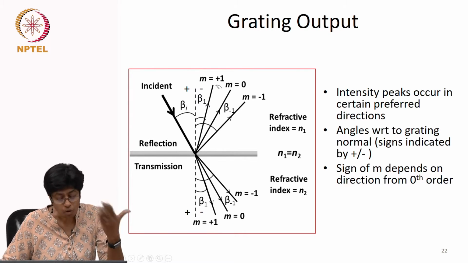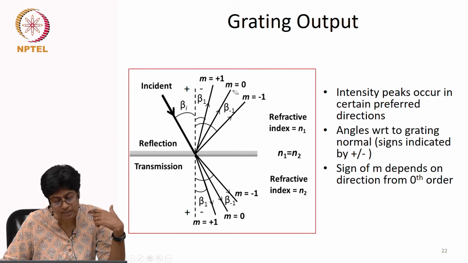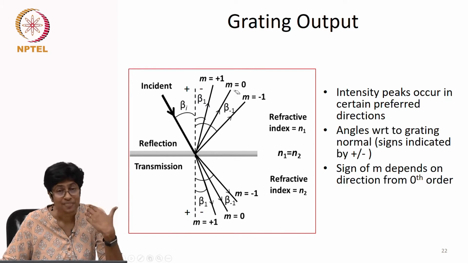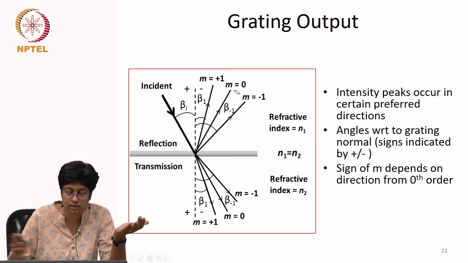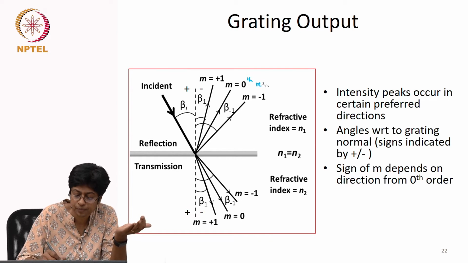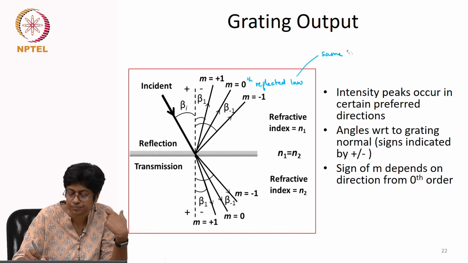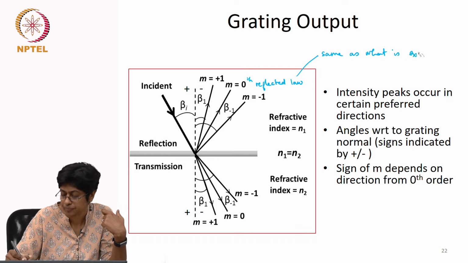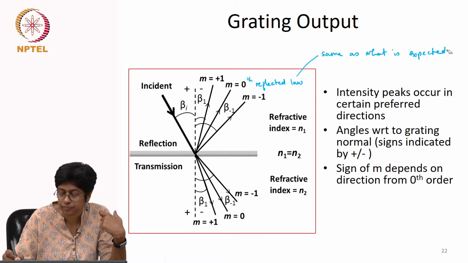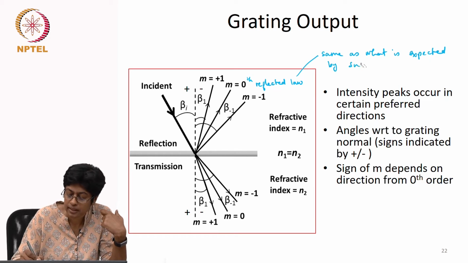How do I define the orders? Well, if the beam was incident like this, Snell's law of reflection says the reflected light should go in a certain direction. That's the 0th reflected order, same as what is expected by Snell's law of reflection.